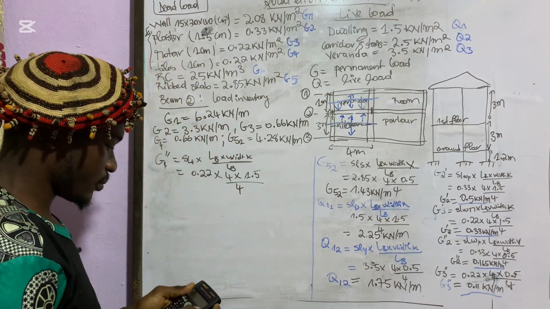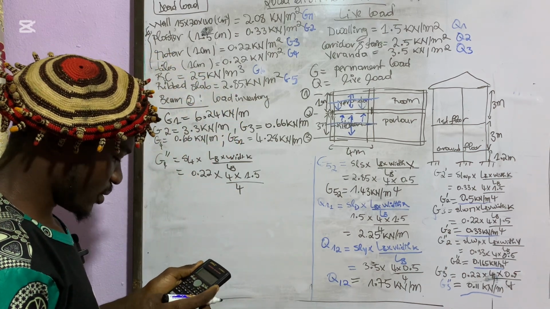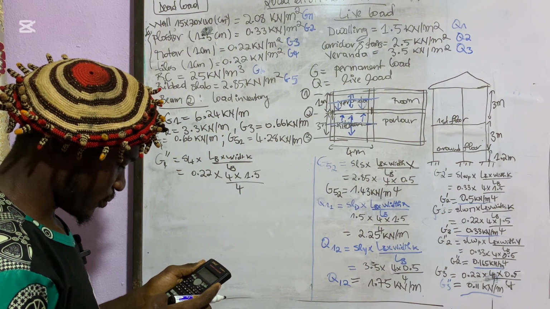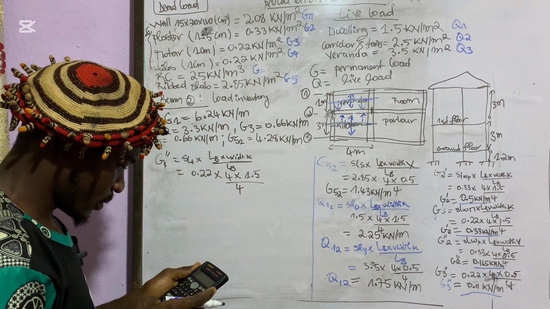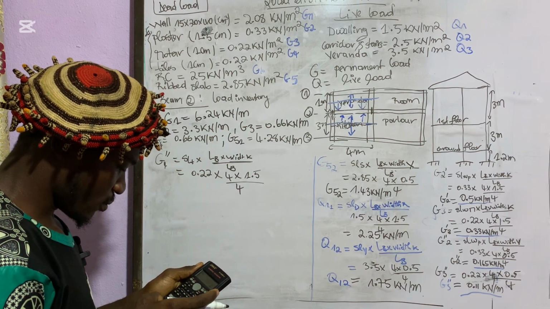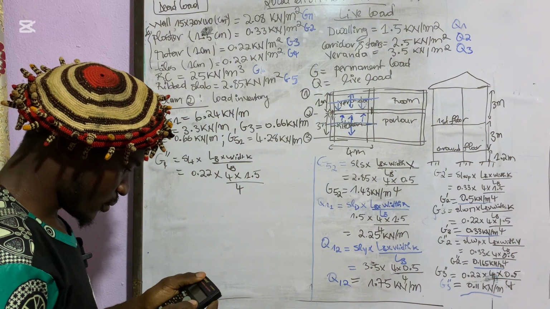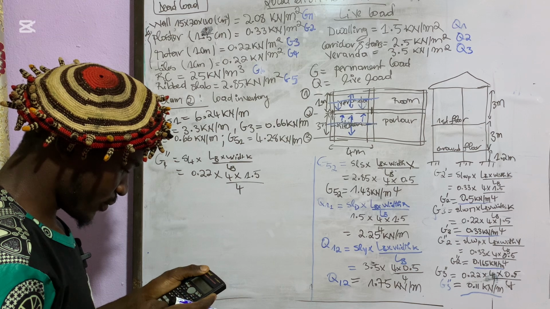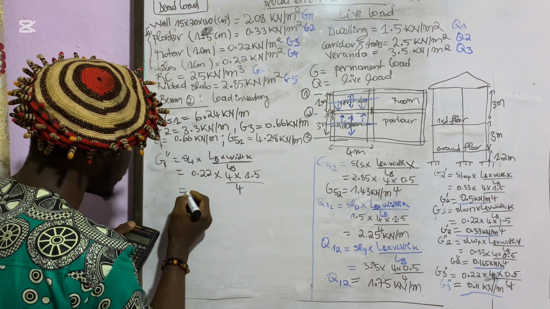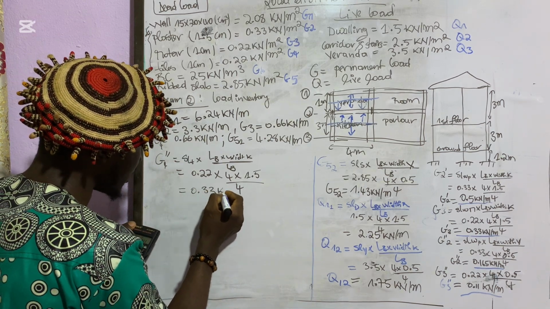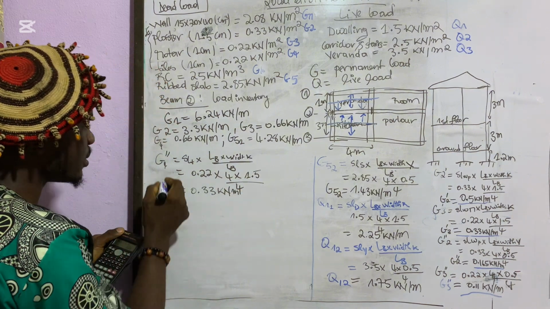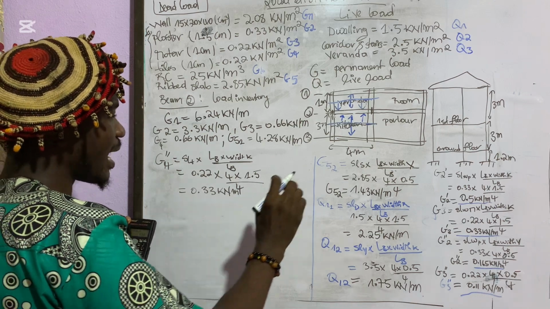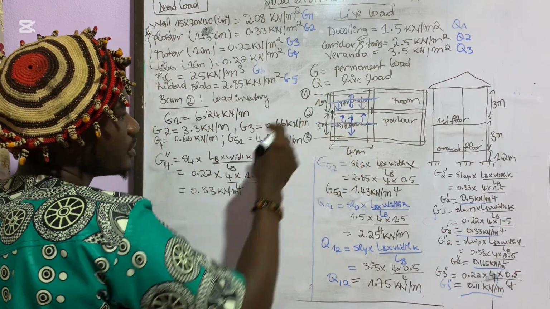You have 0.22 times 1.5, 0.33 kilonewton per meter. This is G4 prime prime, for the ties applied on this half part of the slab of the kitchen.